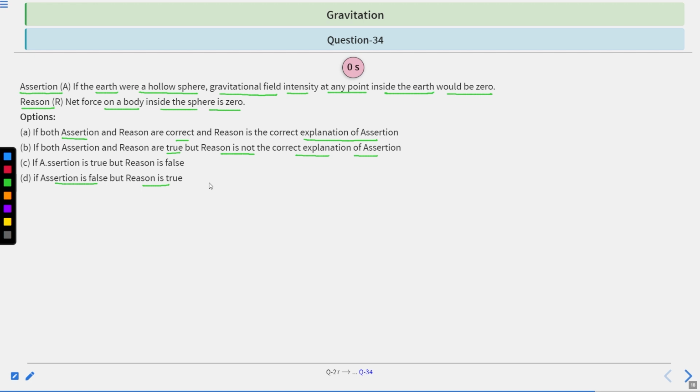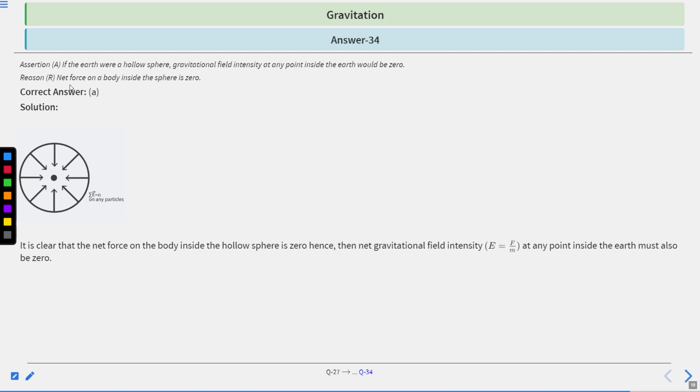Let's find a solution. According to the question, assertion: if the Earth were a hollow sphere, gravitational field intensity at any point inside the Earth would be zero. Reason: net force on a body inside the sphere is zero. It is clear that the net force on a body inside the hollow sphere is zero. Suppose this is the body and forces are acting in different directions.